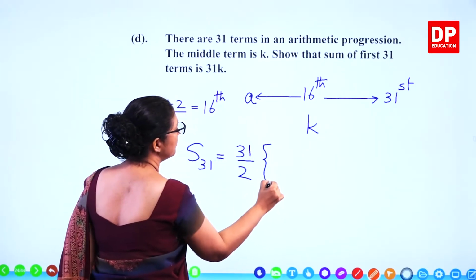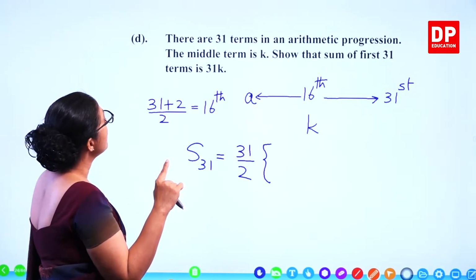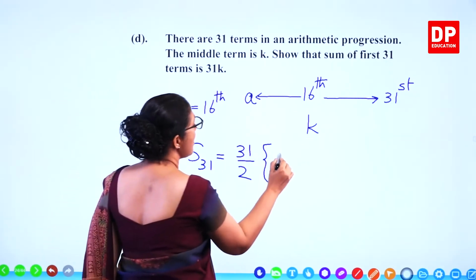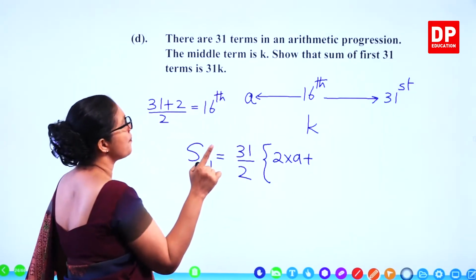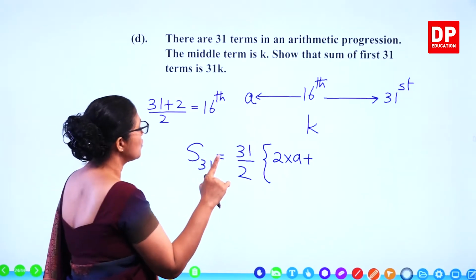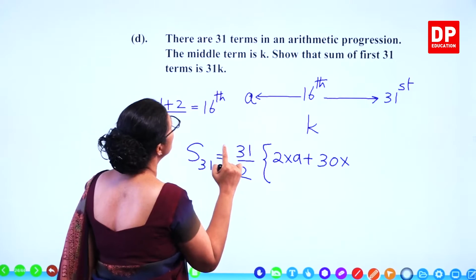First term. So what's the formula? We don't know the last term. So we can write down 2a plus n minus 1. So here 31 minus 1 is 30, and the difference we don't know.